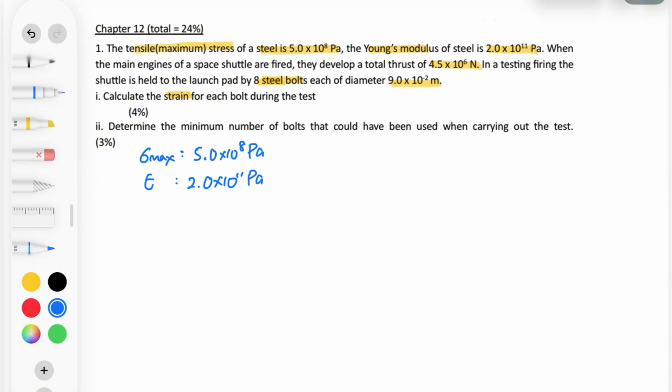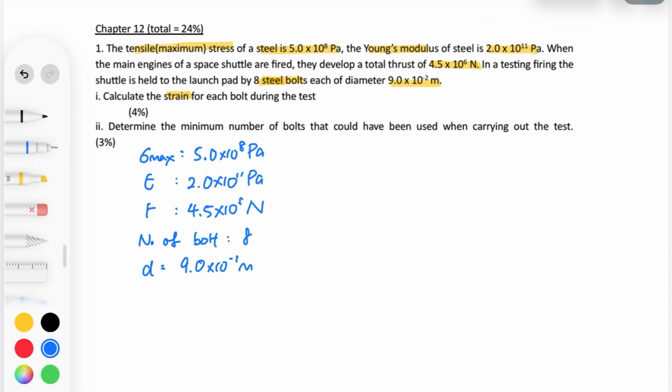The total thrust, the force experienced by the total bolts, is 4.5 times 10 to the power of 6 Newton. The number of bolts is 8, and the diameter D is 9.0 times 10 to the power of negative 2 meter. So this is all the information that we have.